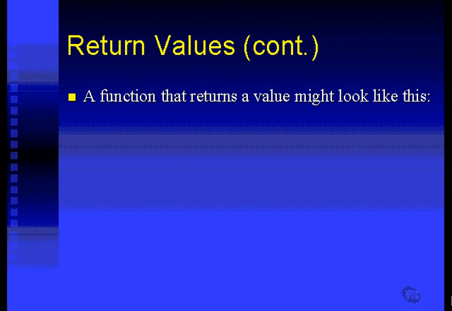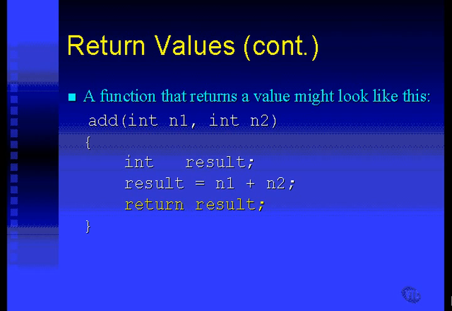So let's have a look at an example of what that might look like. If we wanted a function that returns a value, we might write it like this. This is a very simple function that adds two numbers together, those two numbers being the parameters that the function is passed. The first thing that happens is that a result is created within the function. This is a local variable called result. And result obviously becomes the sum of the two numbers.